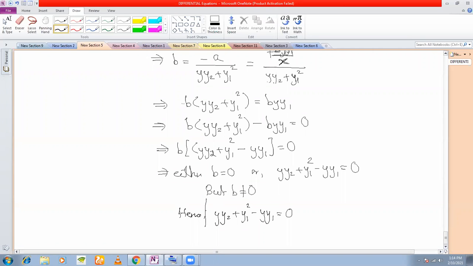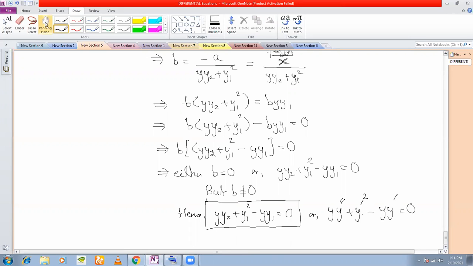Does this contain any arbitrary constant? It is a relation between y1 and y2. No, sir. Therefore, this is our required differential equation, which you can write as y y'' plus y' square minus y' is equal to 0.